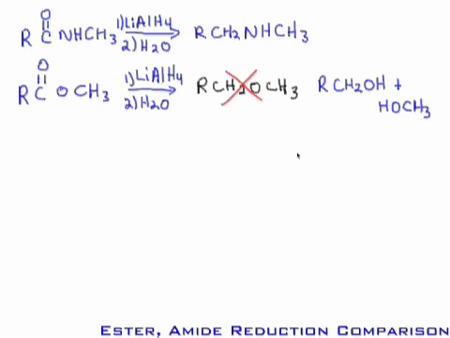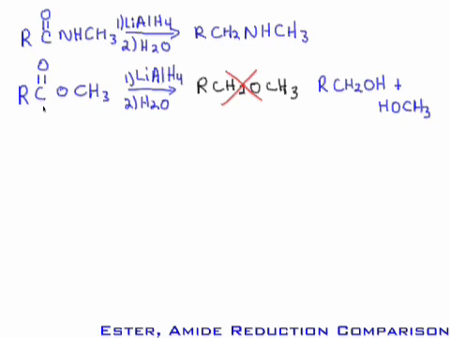Why the difference? Well, it has to do with the way aluminum hydride reacts and the intermediate it produces. Lithium aluminum hydride, H-, will react and put an H- on the carbon of the carbonyl.